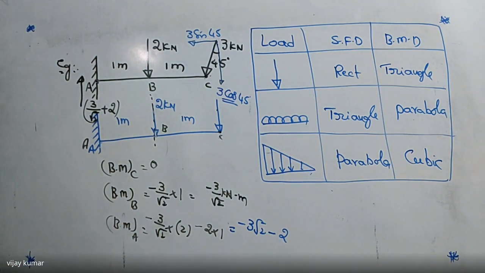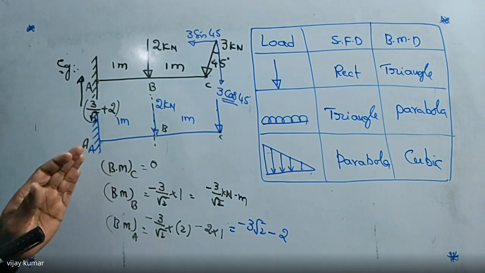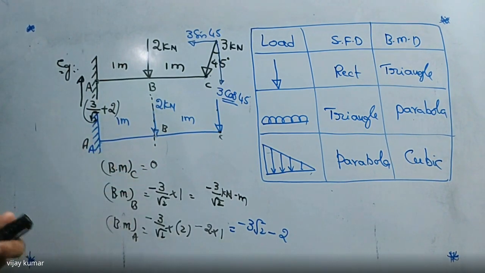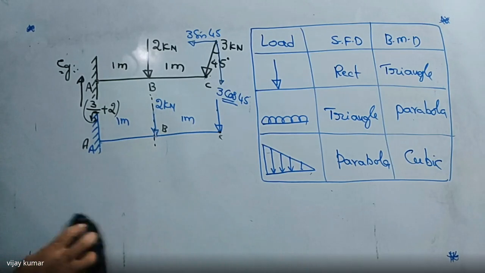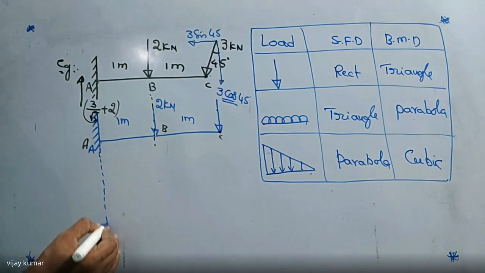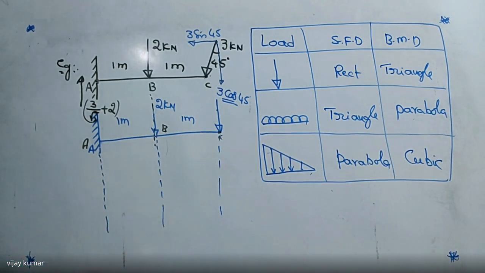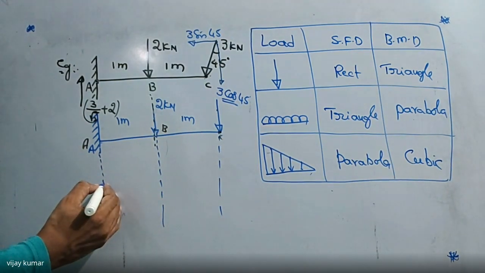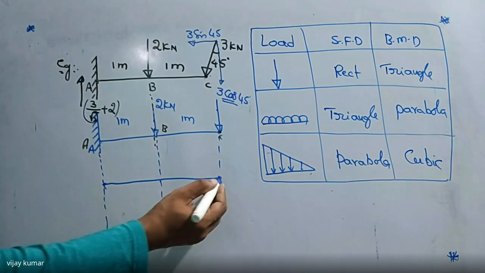So this is the way of calculation of bending moment at every point. Now tell me here, these are the point loads. I want to draw the bending moment diagram here with respect to these values. Now listen carefully. So this is the reference line. Now tell me what is the bending moment here?